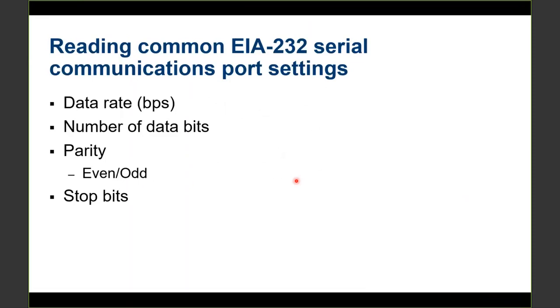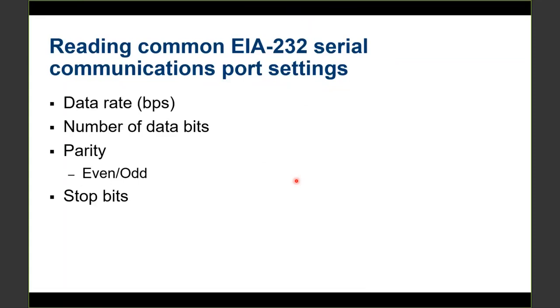Okay, so we're reading common 232 communication port settings. One thing you've probably already all seen using QuickSet software to send settings to the relay or something of that nature, or just any terminal program that you may use to connect to a serial device.